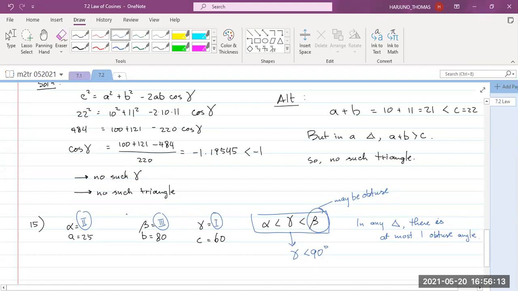Because once I get gamma, when I use law of sine, I may have two angles, alpha 1, alpha 2, but alpha 2 in quadrant 2 should be rejected because it will make it obtuse. No, it's impossible. Because we know alpha has to be less than 90, cannot be obtuse. Actually, I cross this out because of this.